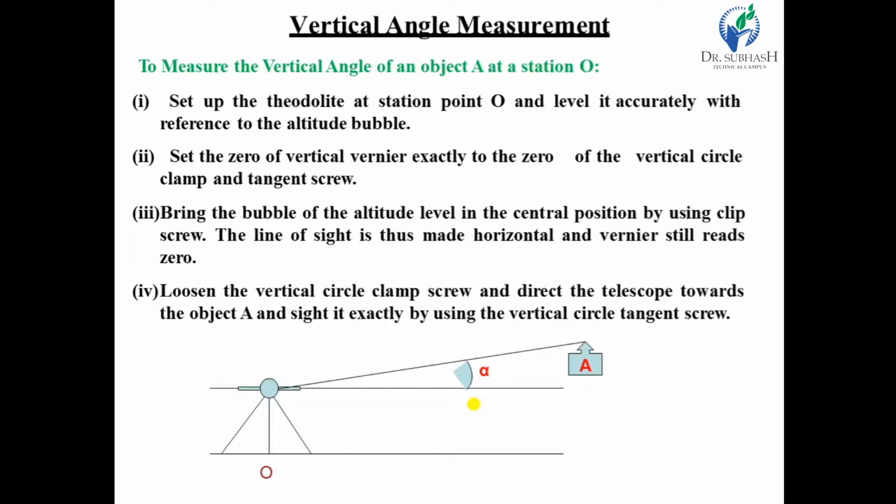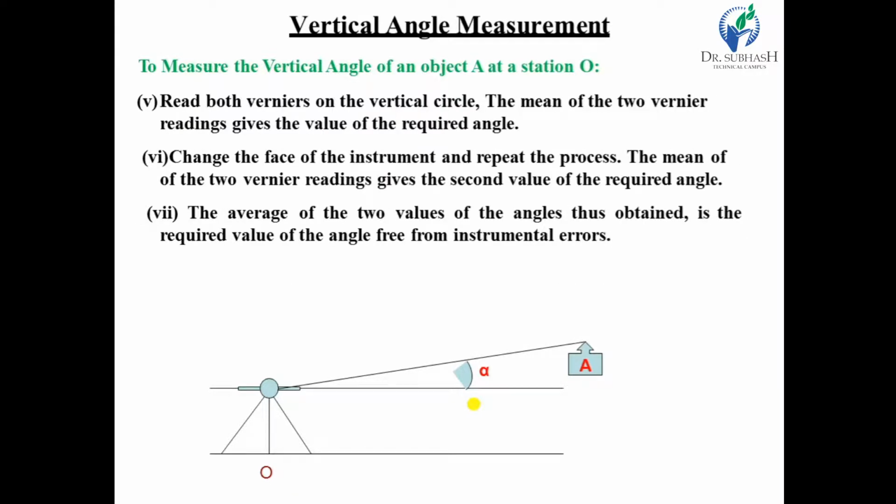After that, we have to loosen the vertical circle clamp screw and direct the telescope towards the object A, sighting it properly and fixing the vertical circle screw. After that, we have to read both verniers of the vertical circle. The mean of the two vernier readings gives the value of the required angle.